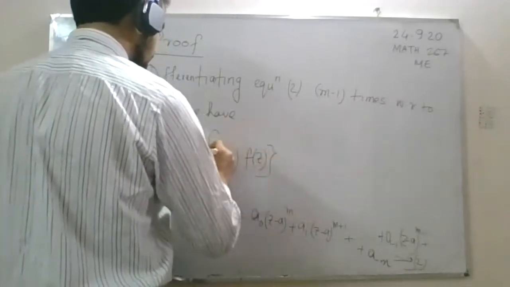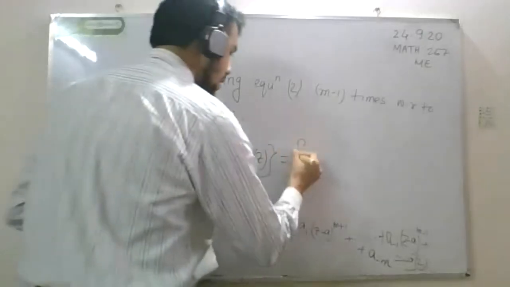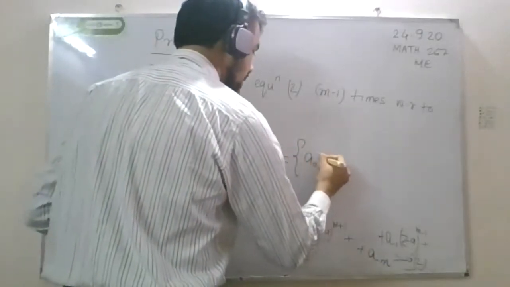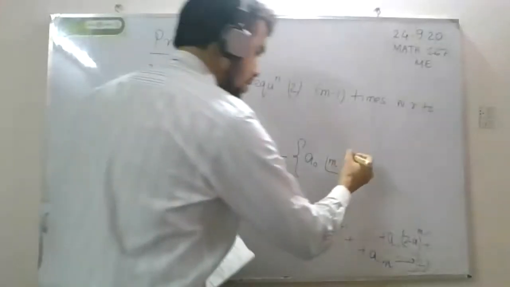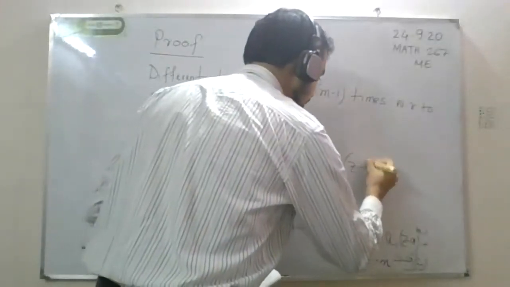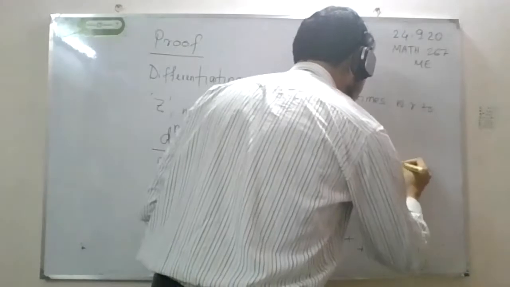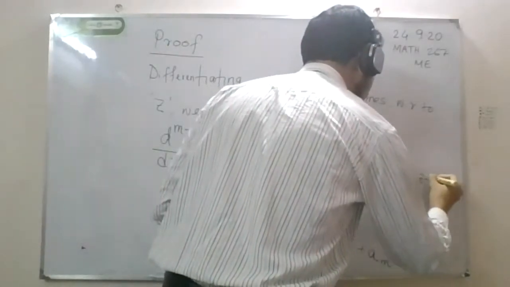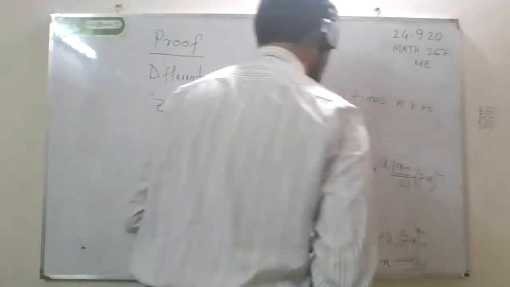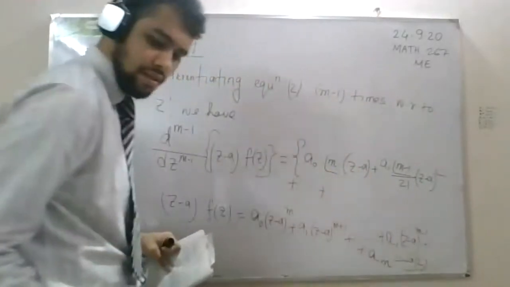And this turns into a naught into n factorial, and also here will be z minus a. Again, we can write this in this way: n minus 1 divided by 2 factorial, also z minus a whole square.